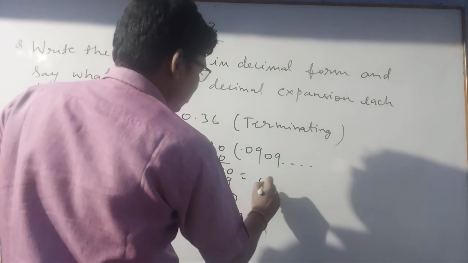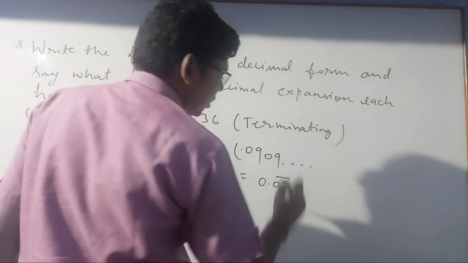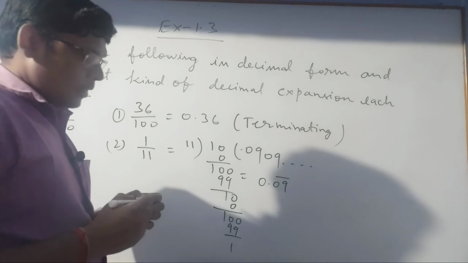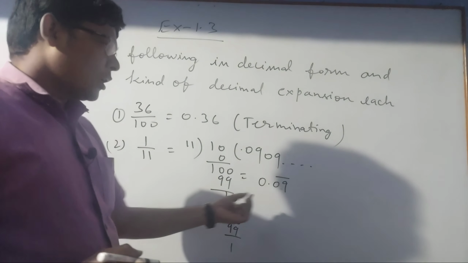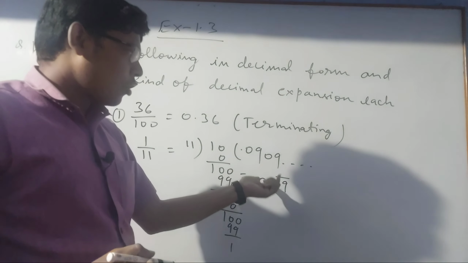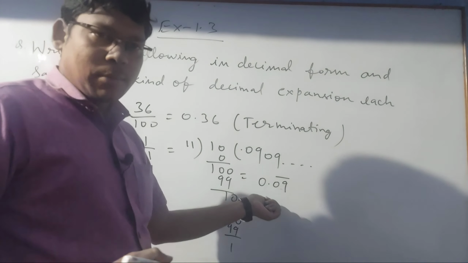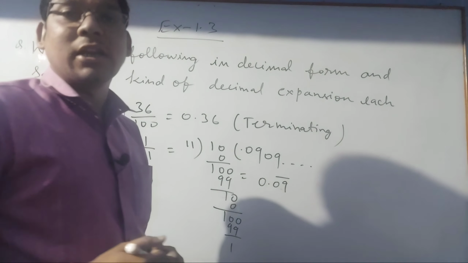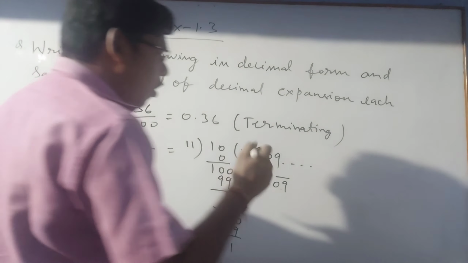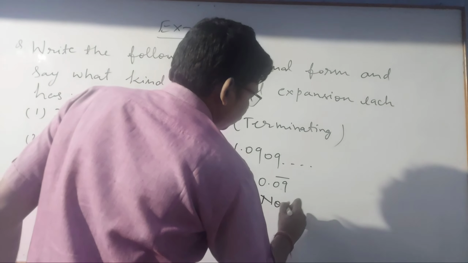So we can write here 0.09 with the recurring bar sign put over it. After the decimal point, a finite number of digits are not there; it is continuously repeating. So this is a non-terminating decimal.